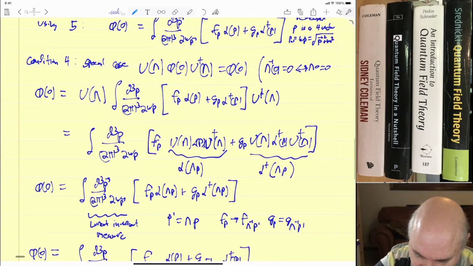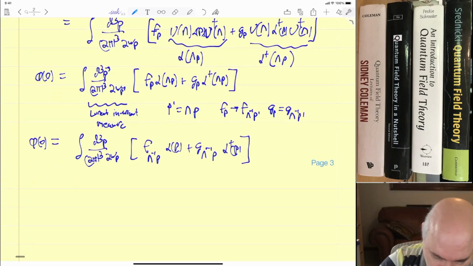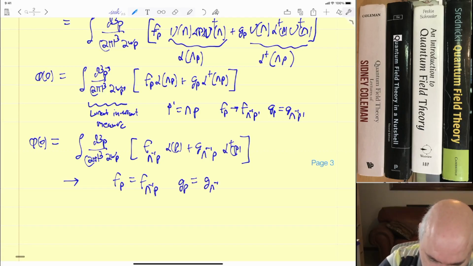So the only way these two expressions can be equal implies that f of p is equal to f(Λ⁻¹p), and g of p is equal to g(Λ⁻¹p) for any p and any Lorentz transformation.